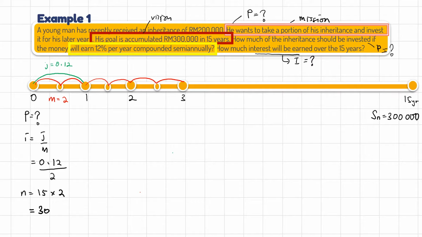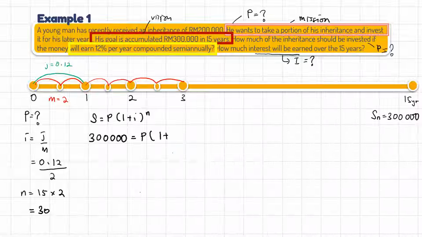The formula for compound amount is S equals P(1 plus I) to the power of N. So just put all the values inside the formula. 300,000 equals P(1 plus I), which is 0.06, to the power of N, which is 30.